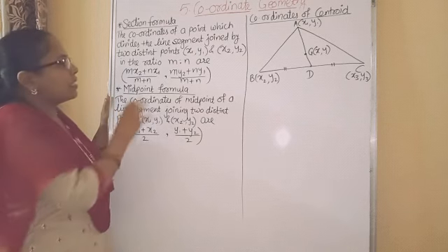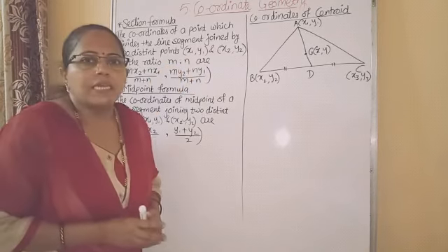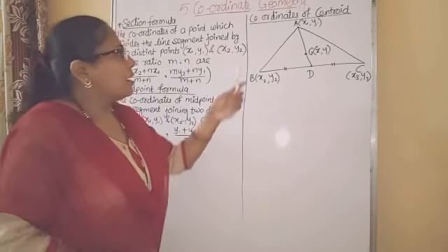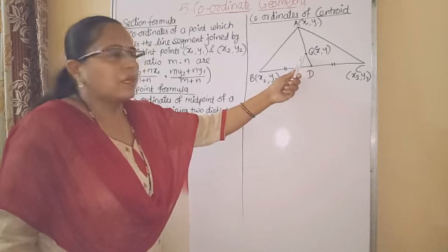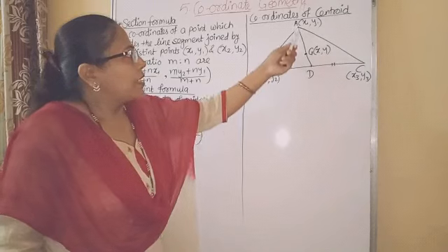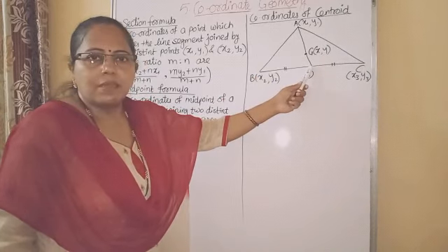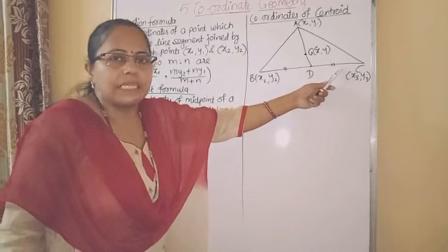Now using these two formulas, we will find the coordinates of the centroid. You know what the centroid is? The centroid is the point of concurrency of the medians. AD is the median, which means D is the midpoint of side BC.